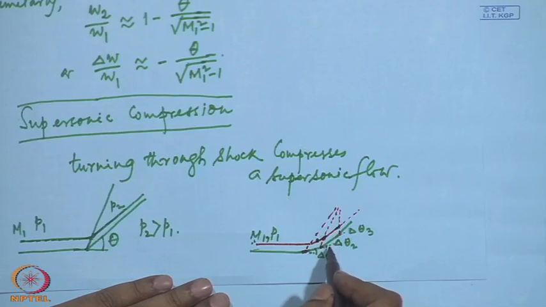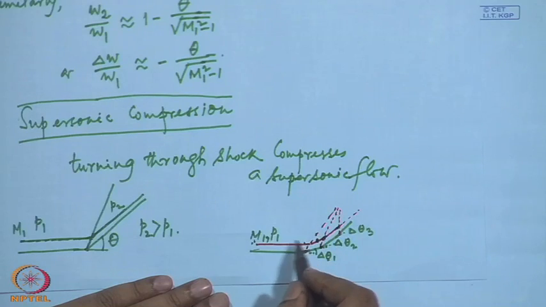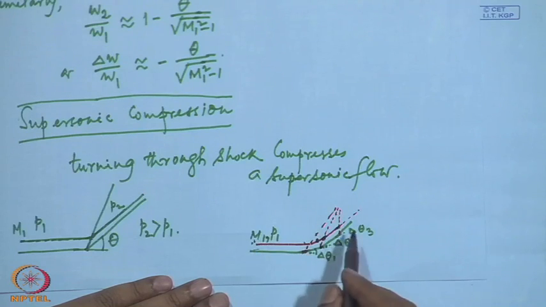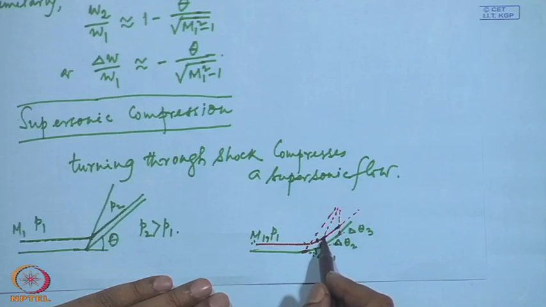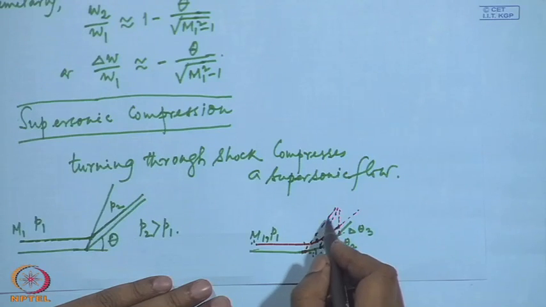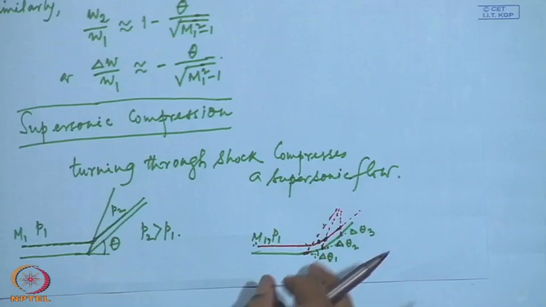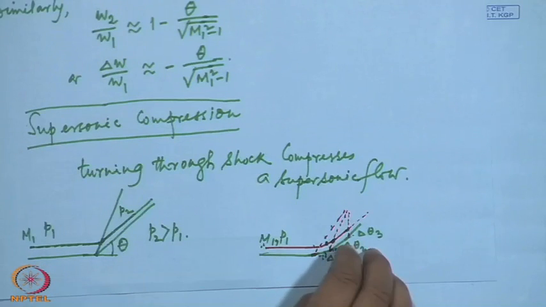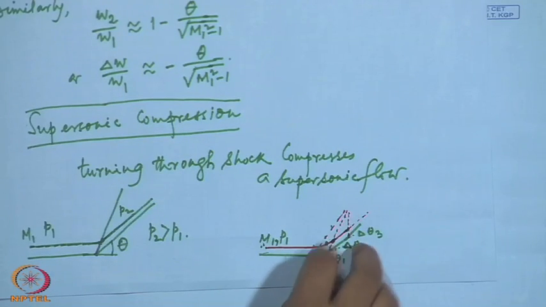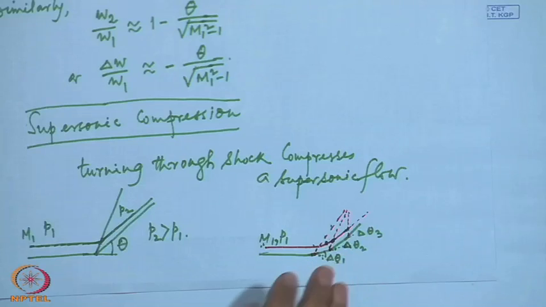And since the Mach number ahead of the second shock is smaller than the Mach number ahead of the first shock, if these two flow turning angles are the same, then the wave angle here will be different or higher than this wave angle, and consequently these two shocks will be convergent. As if, that is, a little away from the solid wall, they will tend to merge or intersect.